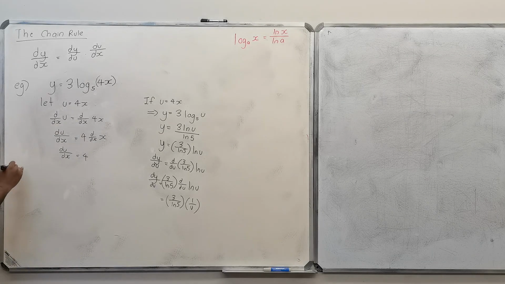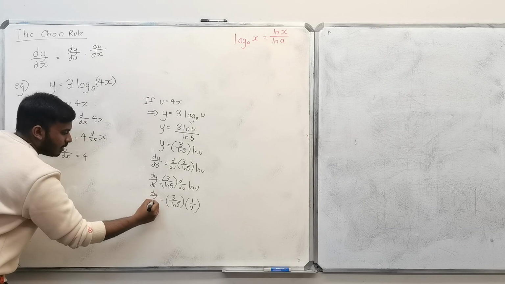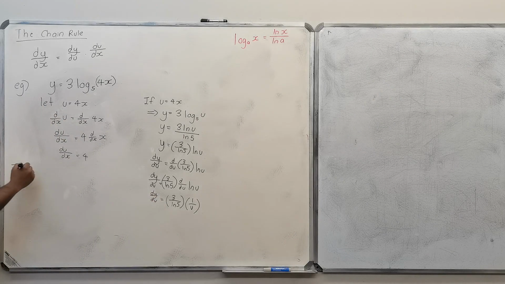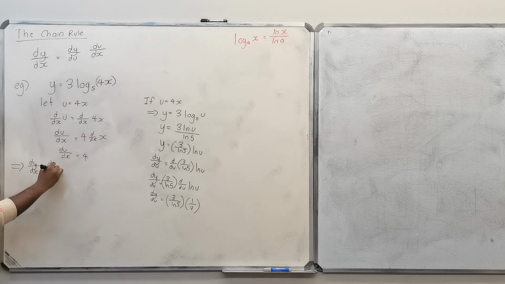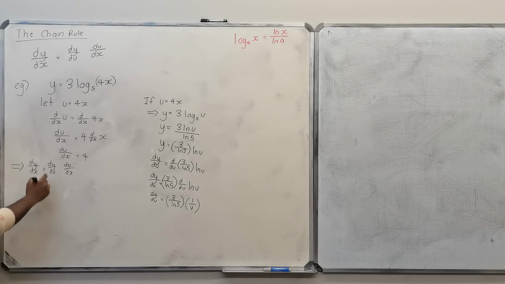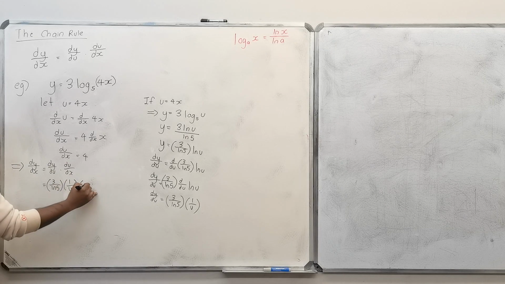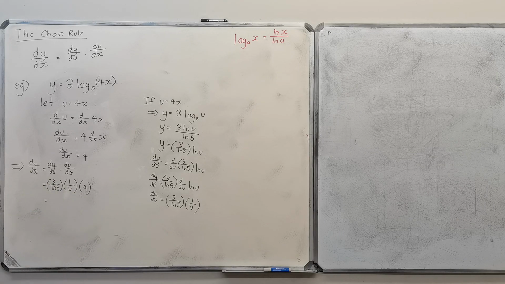Okay, so your chain rule, now we have dy over du. So chain rule says that dy over dx is equal to dy over du times du over dx. Okay, substituting, we'll substitute 3 over ln of 5 times 1 over u times 4. So that 4 will multiply by the 3, correct?